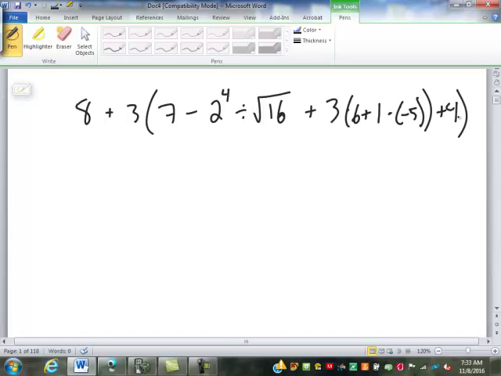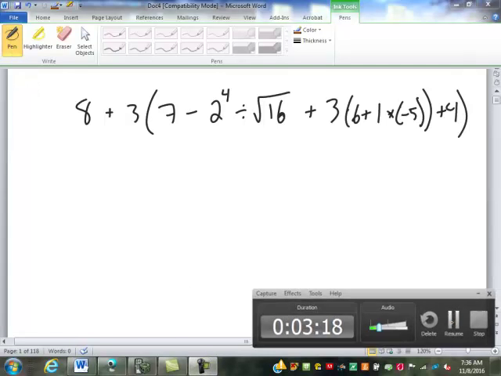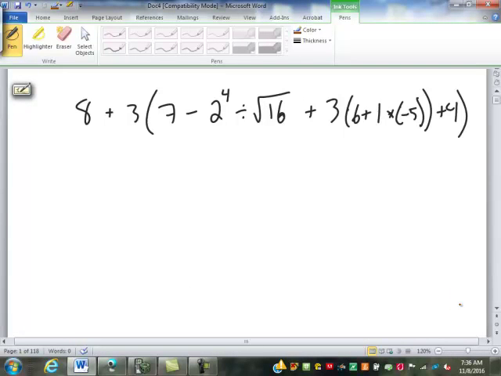Take a look at that one quick in your notes. I want you to try to do that problem. Okay, if you're skilled with your calculator, you can actually enter this in your calculator all at once and it'll figure it out for you.